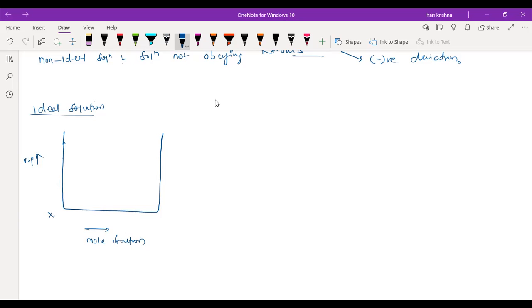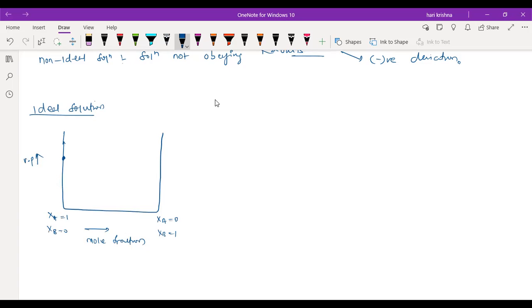So here the mole fraction of A component is 1. Here the mole fraction of A component is 0. Here B component is 0. Here B component is 1. That means the solute component is decreasing in the mole fraction, and the solvent component mole fraction is increasing. So what is going to happen between these two, that we are going to draw in the graph.